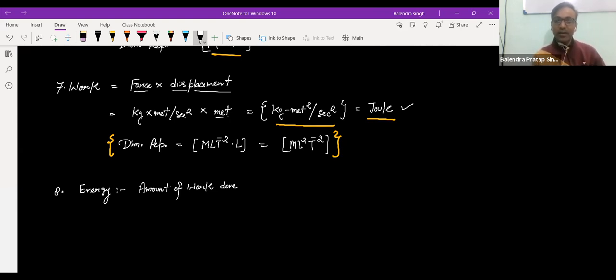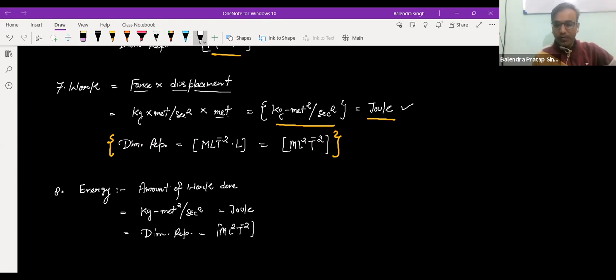Work, energy and power. Here I'm just discussing the unit and dimensional representation of energy or work. The unit of energy is again the same as work, which is kilogram meter square per second square, which is again joule. And the dimensional representation is the same as work: ML square T minus 2. This is a very important thing.